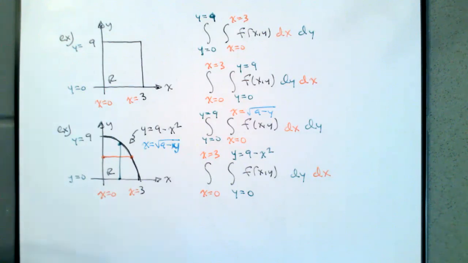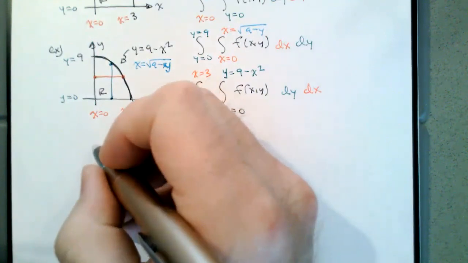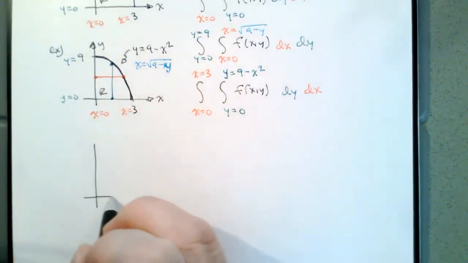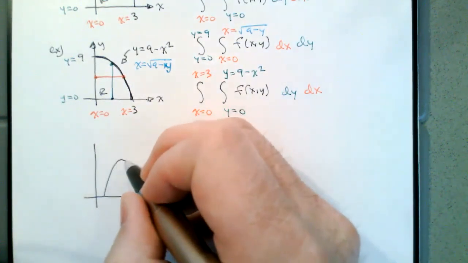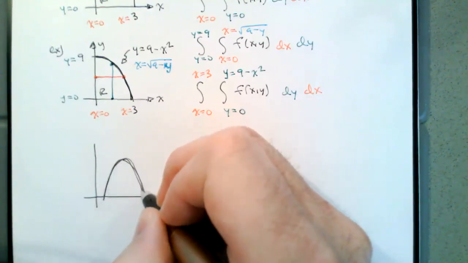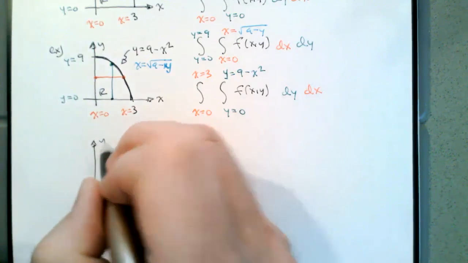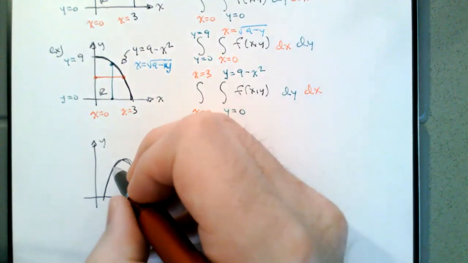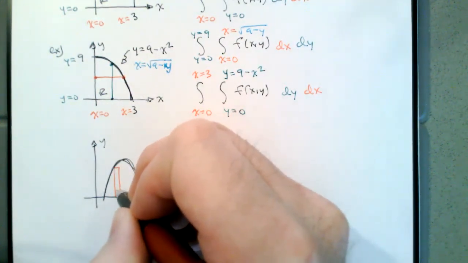For context, remember that sometimes we had to integrate if we wanted to find the area of this parabola. Using a dx slice, no problem.